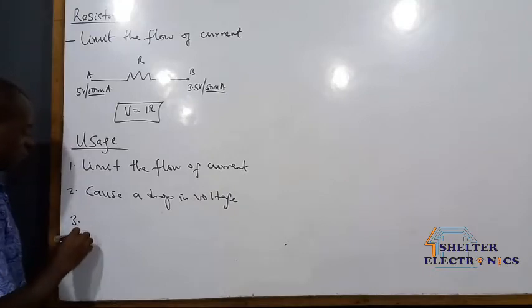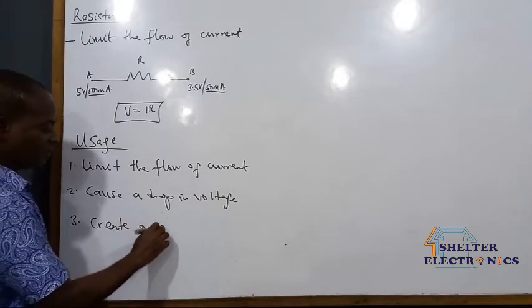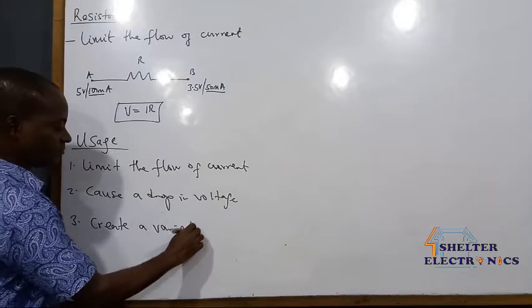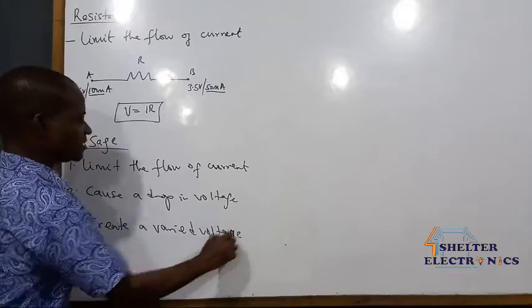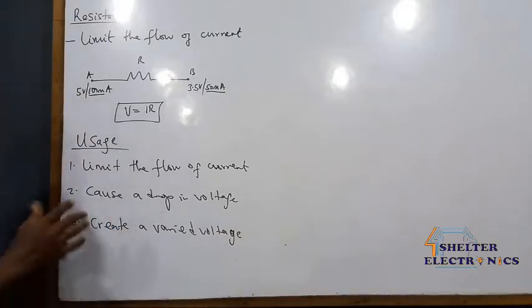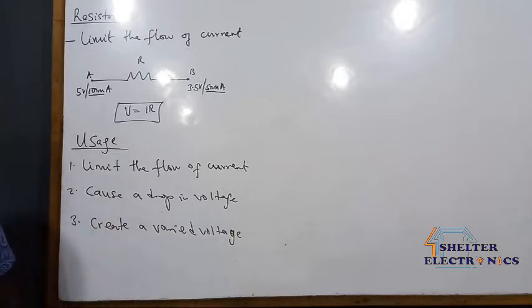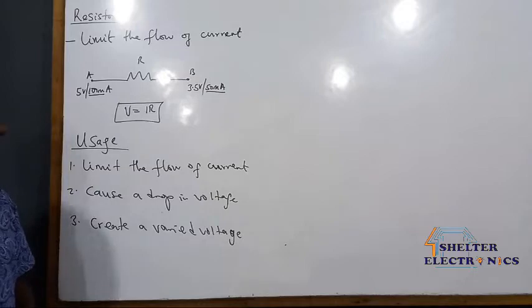And thirdly, we use resistors to create a varied voltage. So when you see a resistor in a circuit, it is possible the resistor is actually doing 1 or 2 of these. It is either limiting the flow of current, or causing a drop in voltage, or creating a different voltage from what we already have in the circuit.